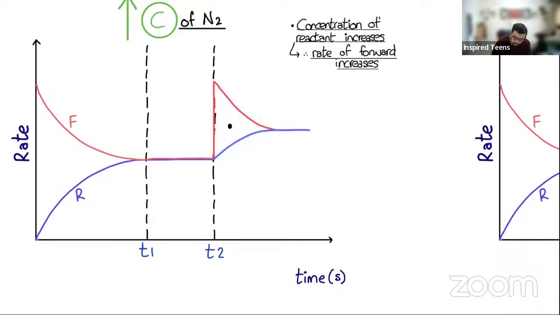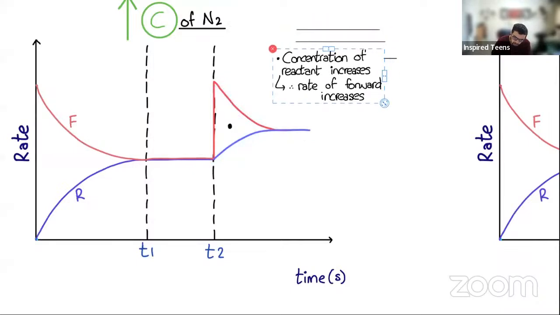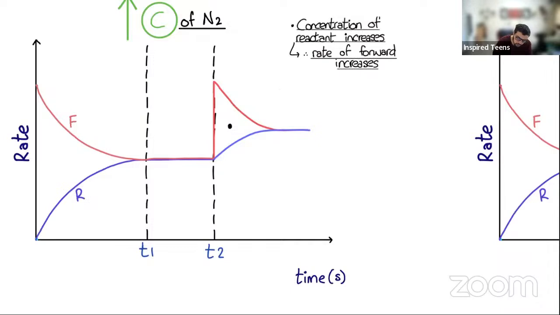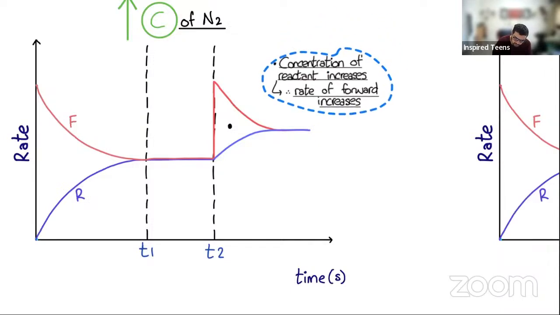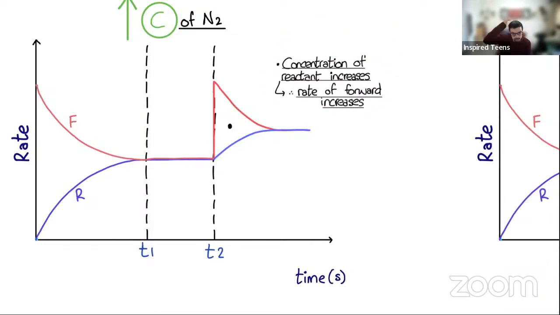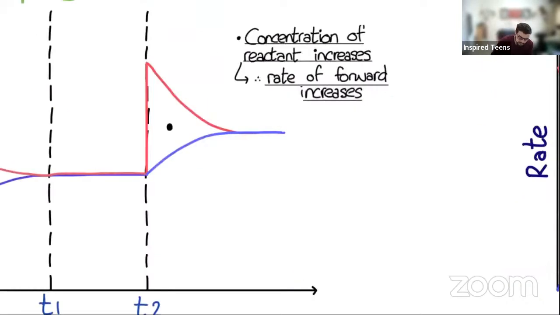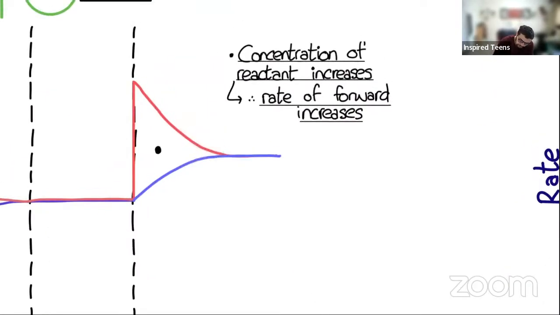The important thing to note here is that the concentration of the reactant increases, therefore the rate of the forward rapidly increases. Let's add the word rapidly.